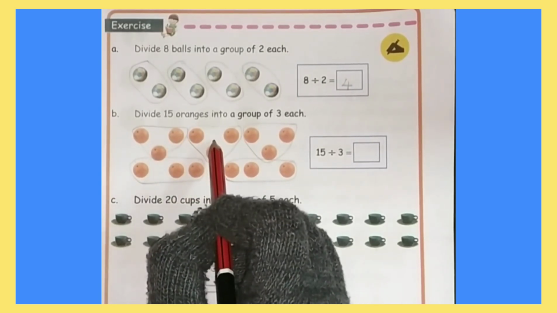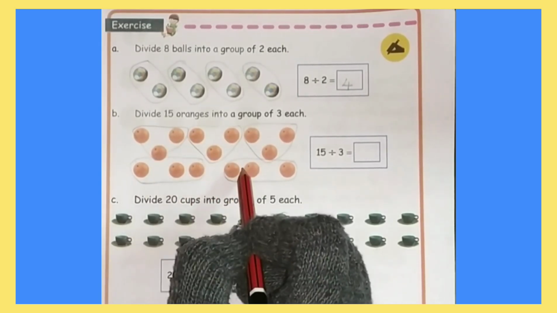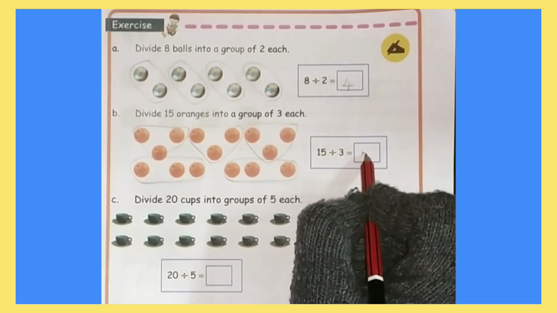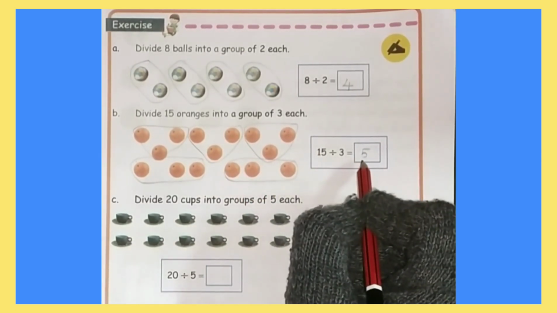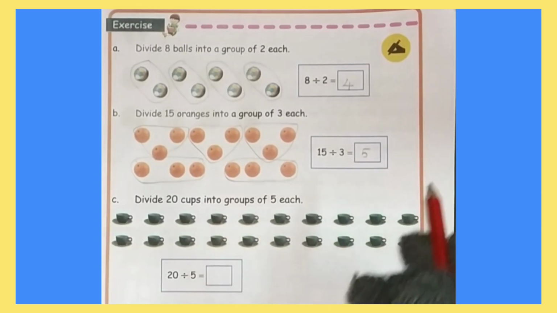Yes, 1, 2, 3, 4, 5. So, 15 divided by 3 equal to 5.